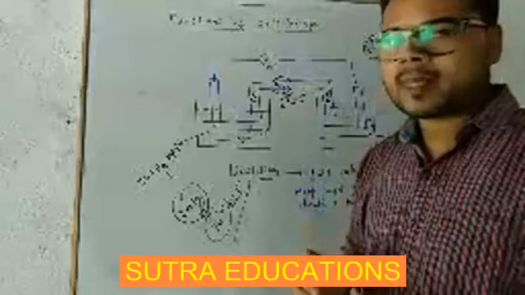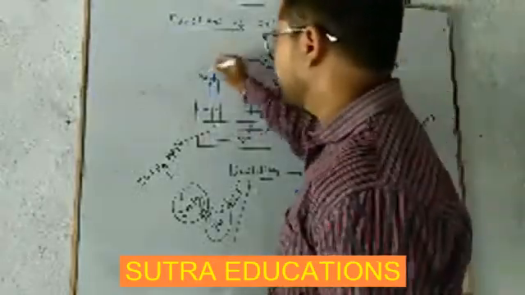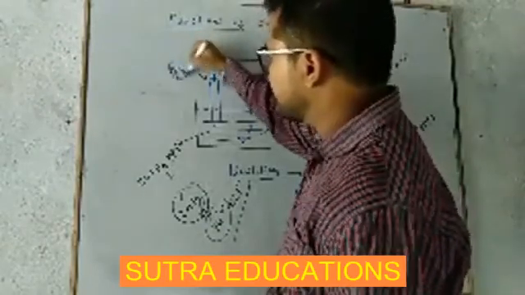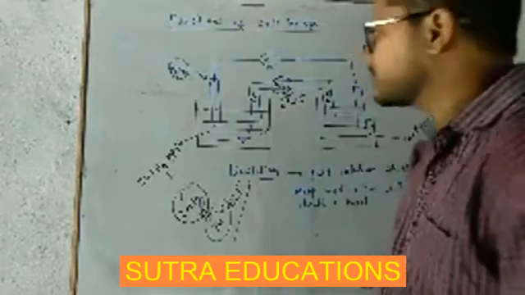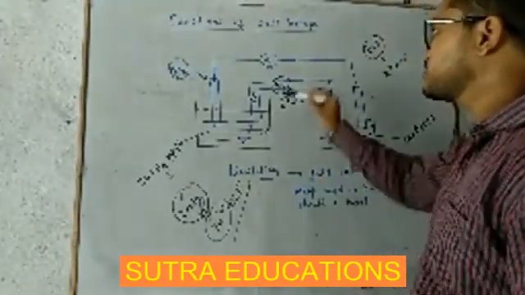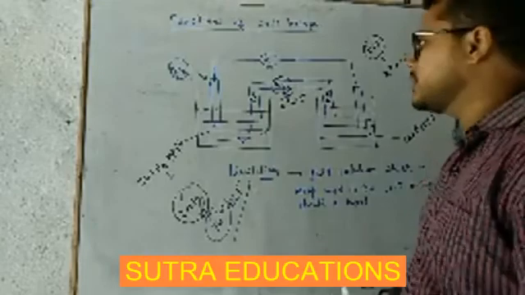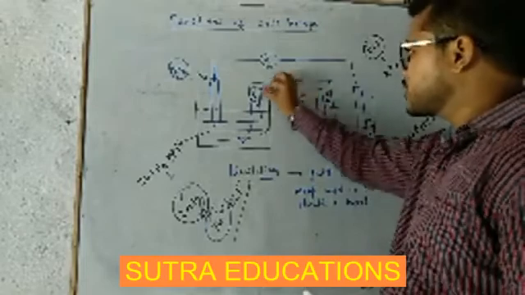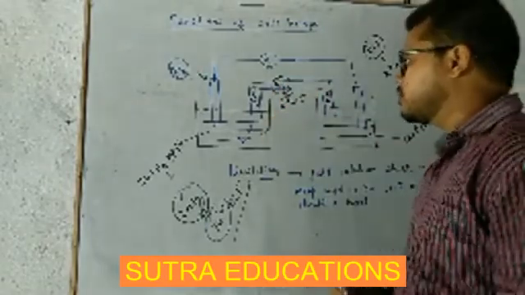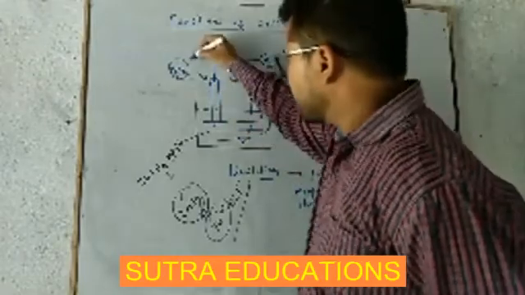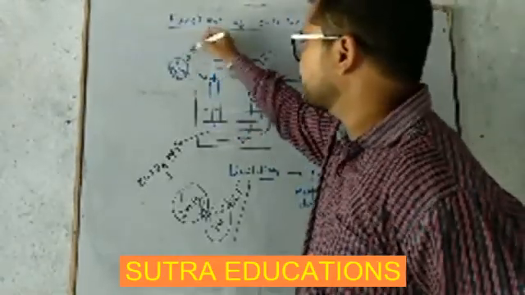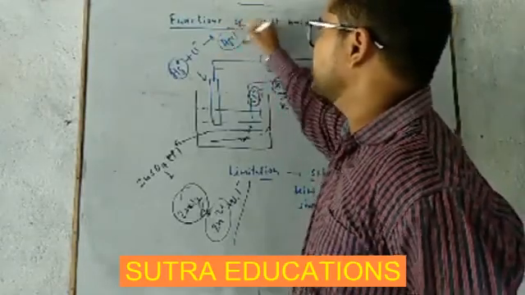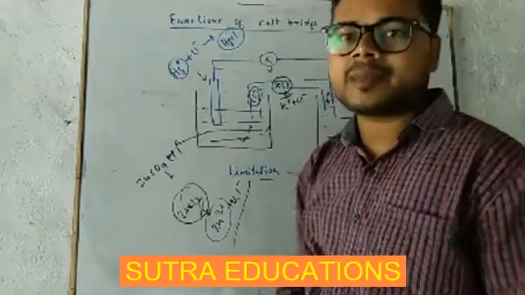But suppose the electrode which we are using is made up of Ag, silver, and this time we have used this KCl in the salt bridge, then what will happen? This Cl minus from the salt solution present in the salt bridge will combine with this Ag plus and form AgCl, and you know AgCl is a precipitate.